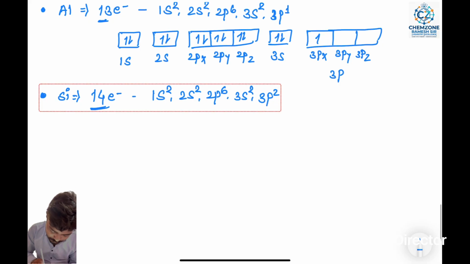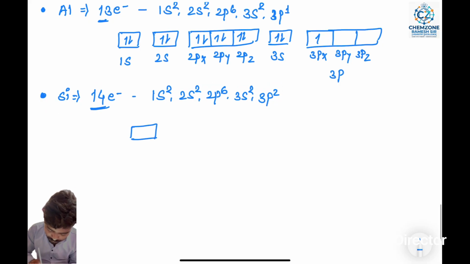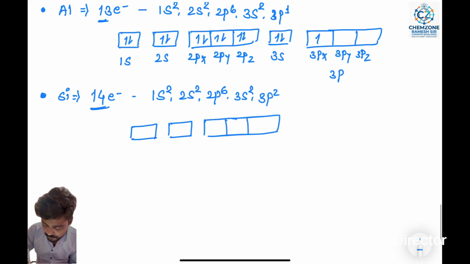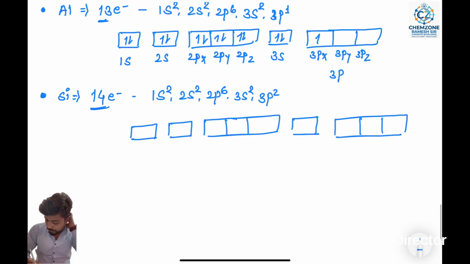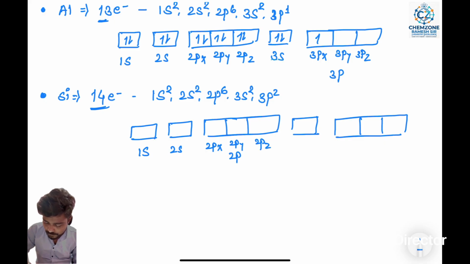So you have mentioned 1s, 2s, 2p, 3s and 3p. 1s, 2s, 2px, 2py, 2pz and 3s, 3px, 3py and 3pz.